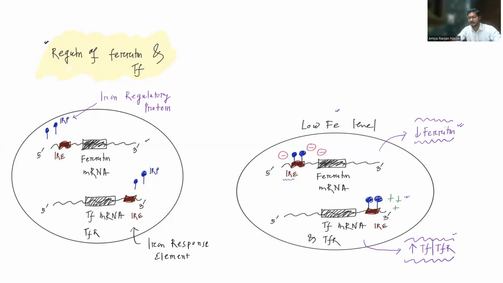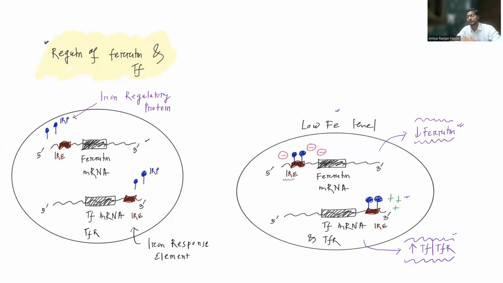So whenever the cellular iron level is low, they will increase the transferrin and transferrin receptor so that more and more iron can be taken up into the cells. And they will also reduce the ferritin so that the storage can be reduced, and whatever iron is coming into the cell can be used for various purposes. So this is what happens whenever there is a low iron level.